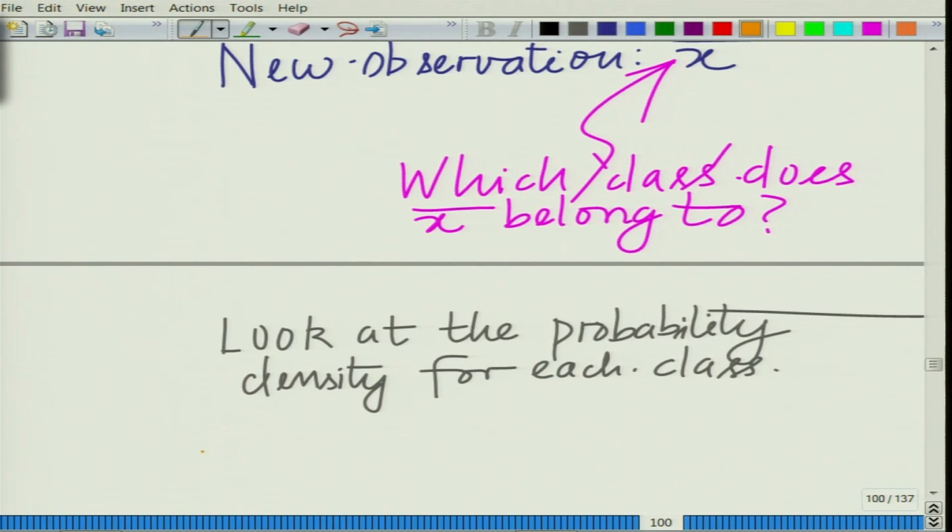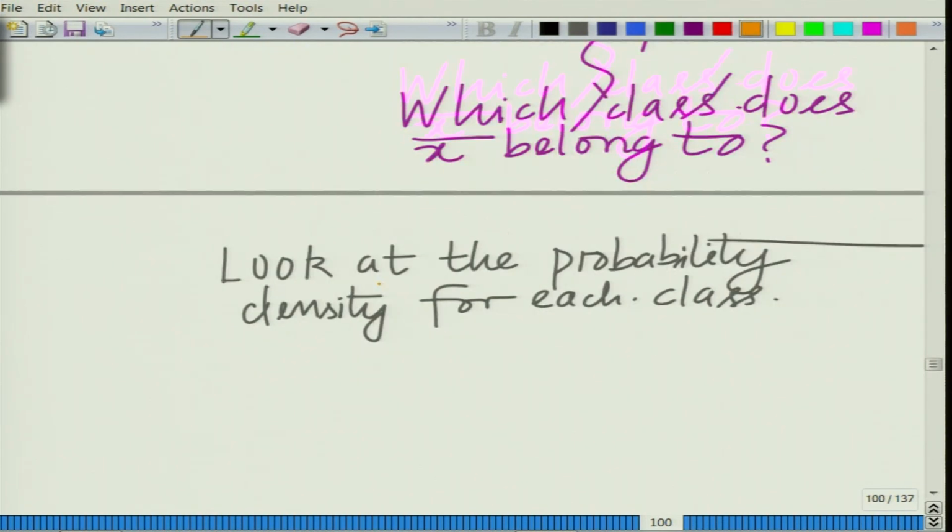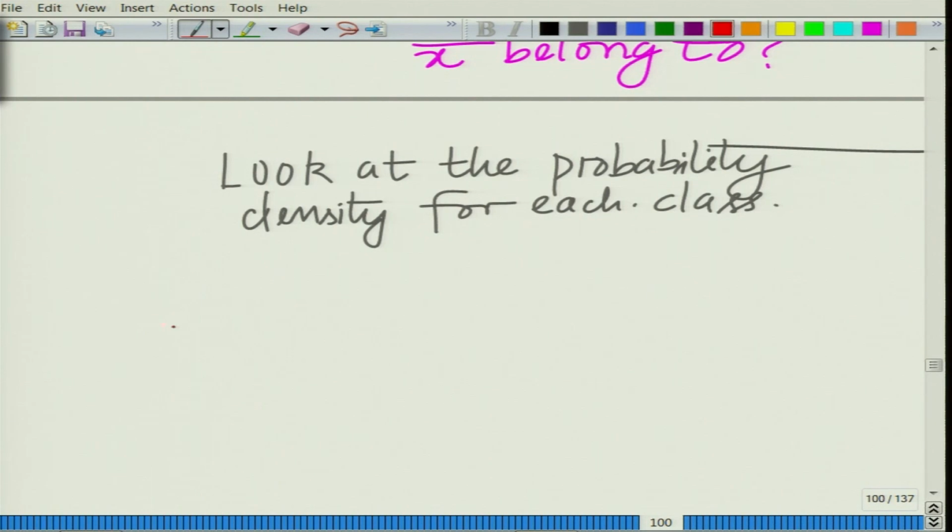Let us look at class 1. What is the probability density for class 1? P of x bar, parameterized by mu1 comma sigma.